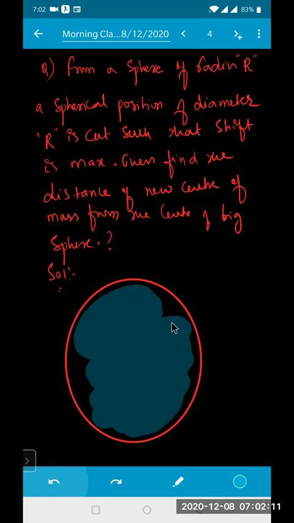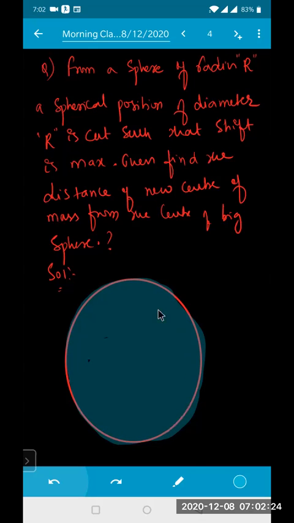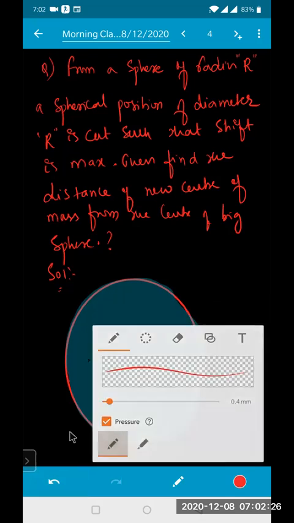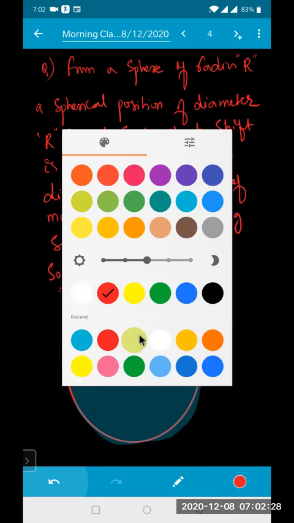This is having the mass throughout the body, beta, when we say sphere.